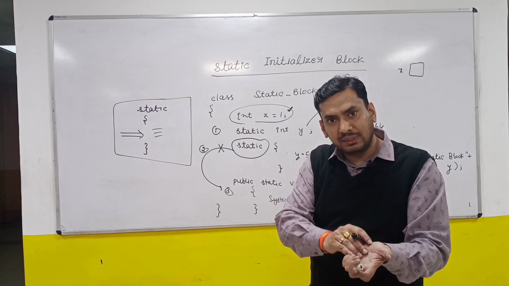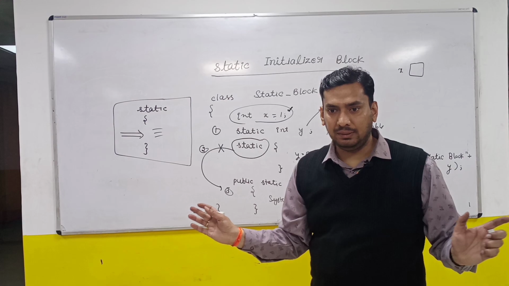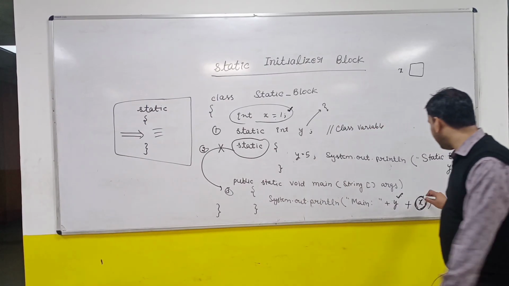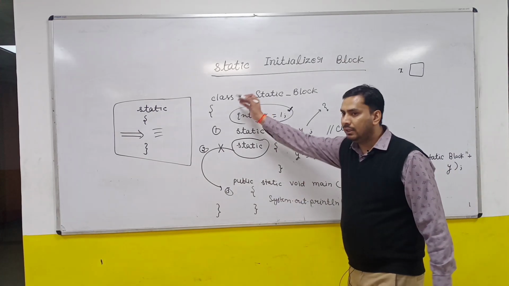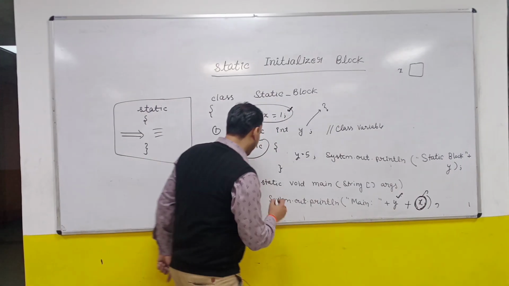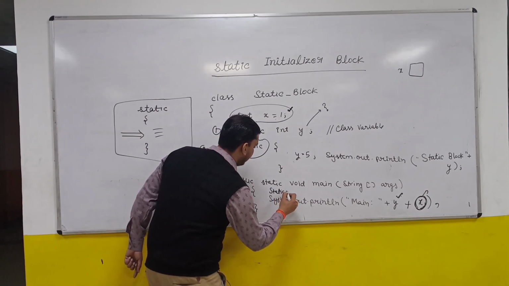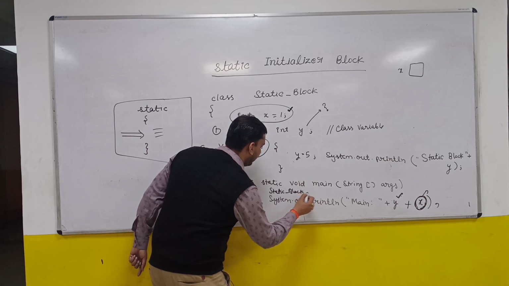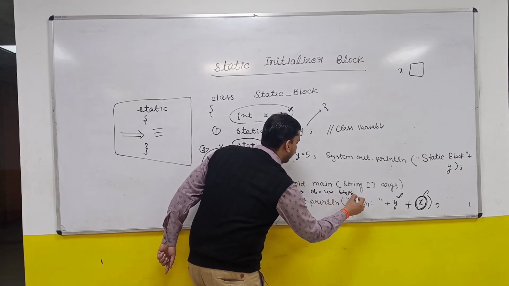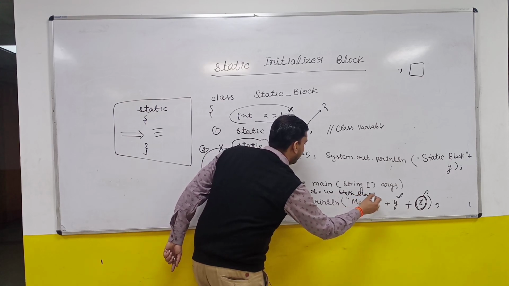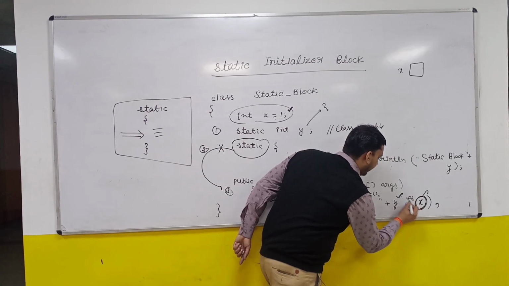So if you want to access x here, we first have to create an object of this class. I will write static block ob = new static block, and then to access x we will write ob.x.